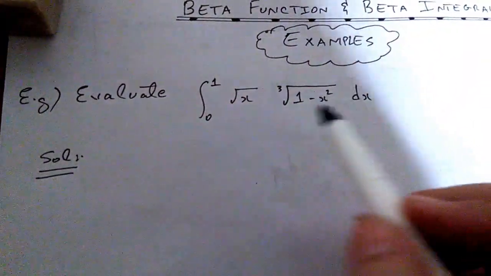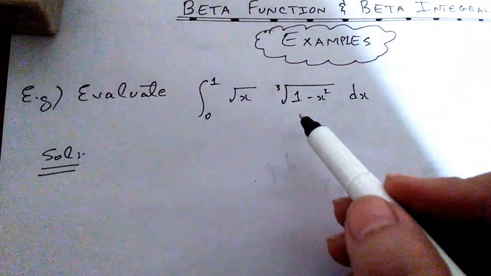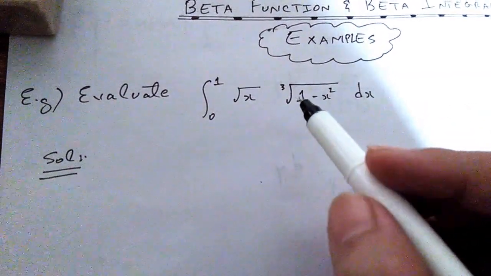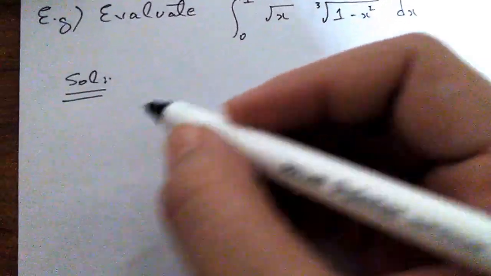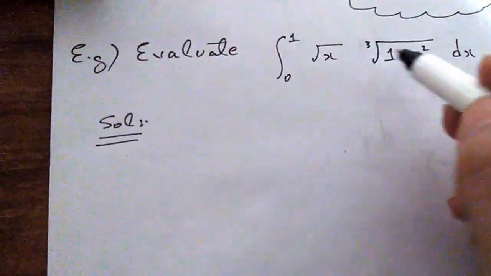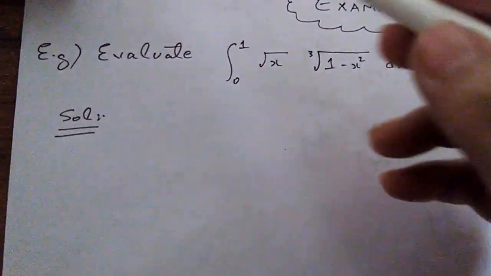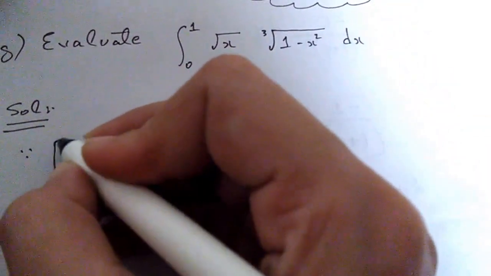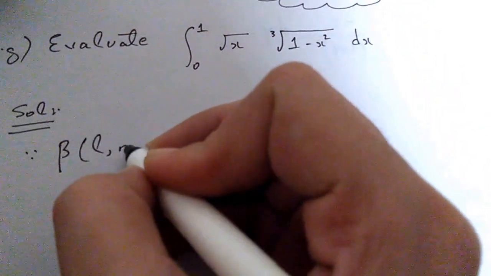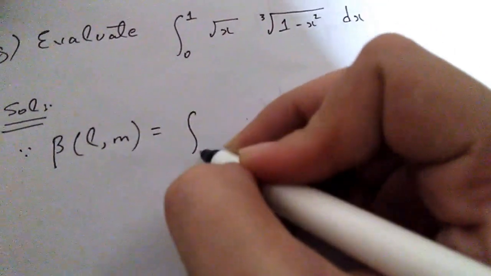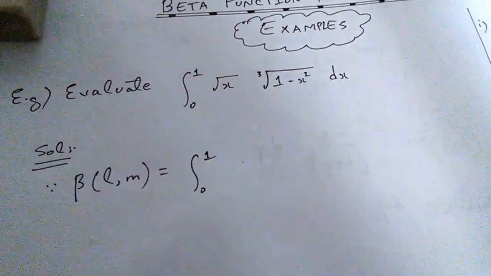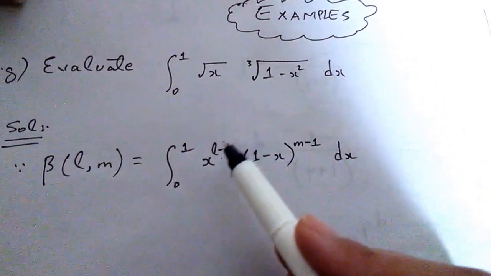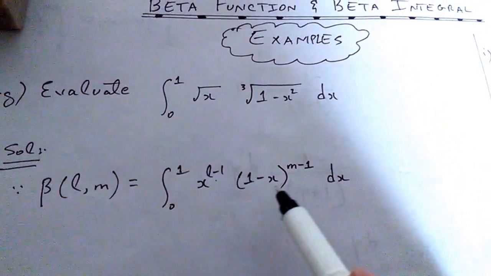So this is the very first example, and we have to evaluate it with respect to the beta function. If we compare this integrand with the integrand of the beta integral, which is this, you can see that the general form of the beta integral has an integrand of this type.